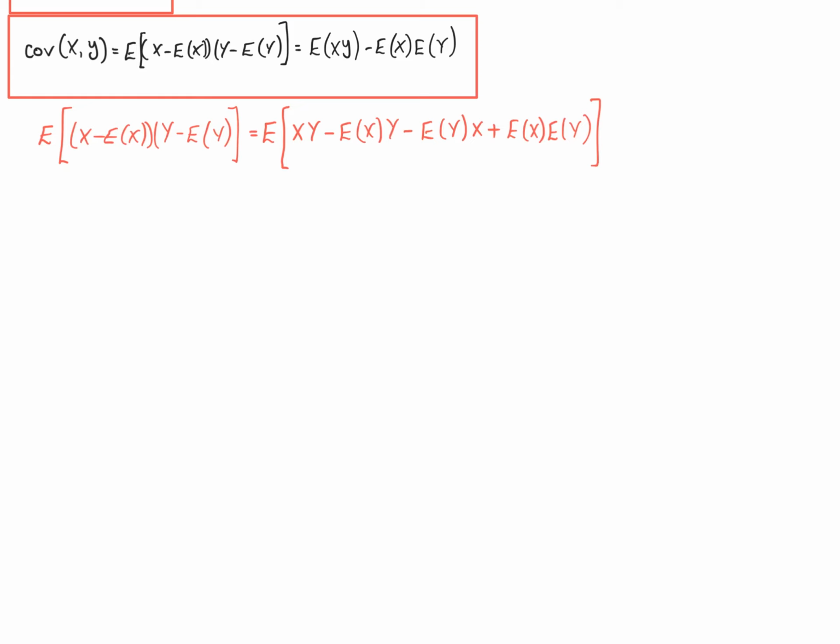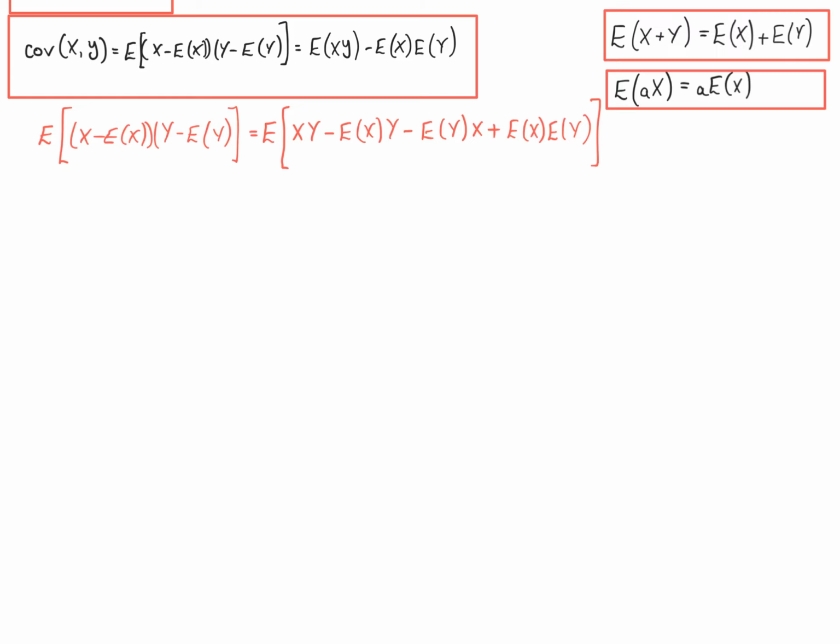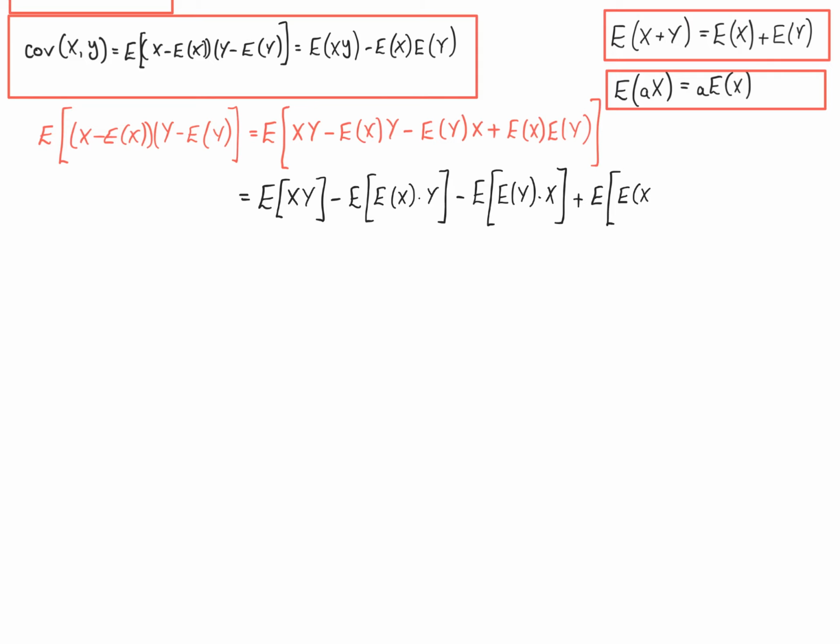Now we're going to use exactly the same rules as we did earlier. So we can rewrite our expectation of four terms as the sum of expectations: the expectation of xy, minus the expectation of x multiplied by y, minus the expectation of y times x, plus the expectation of x times the expectation of y.